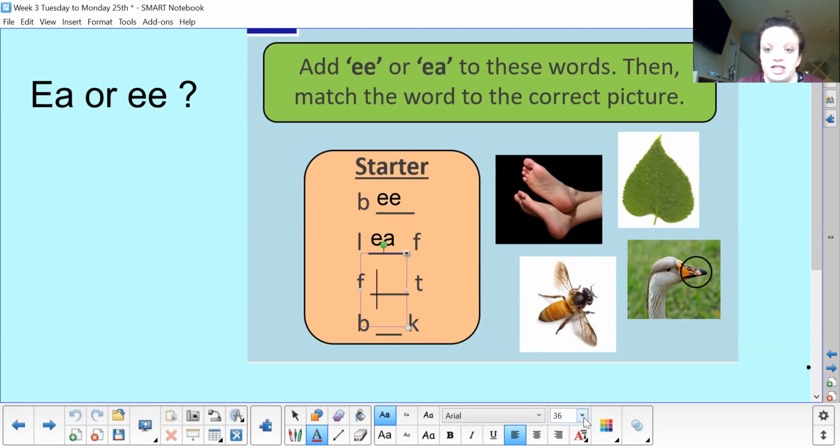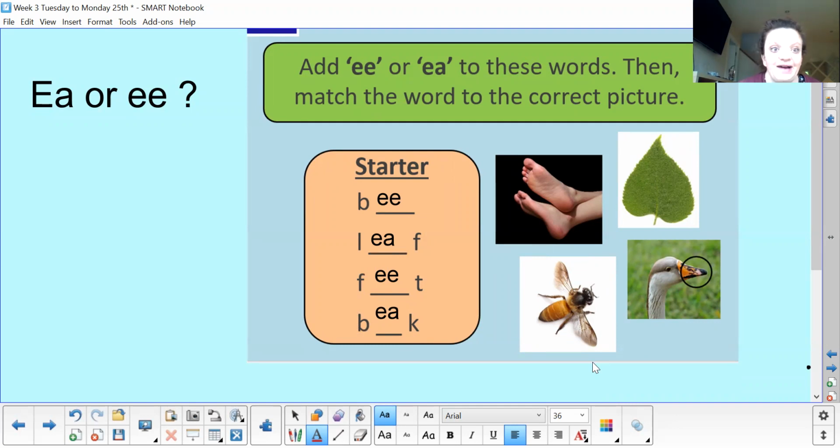The next one is the word feet, and we're going to spell it with an E and an E, and here is our picture of feet. And the last one is the word beak, and as you can see over here on the goose, we have got a beak. And we're going to put an E and an A to spell beak. If you've got all of those right, well done.